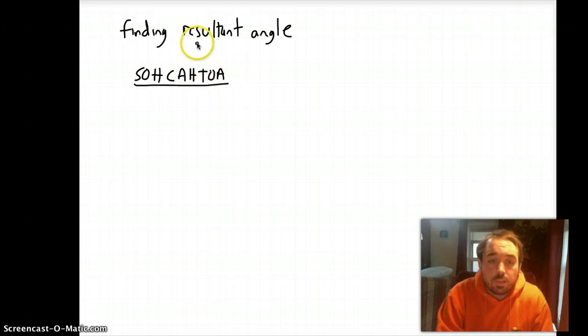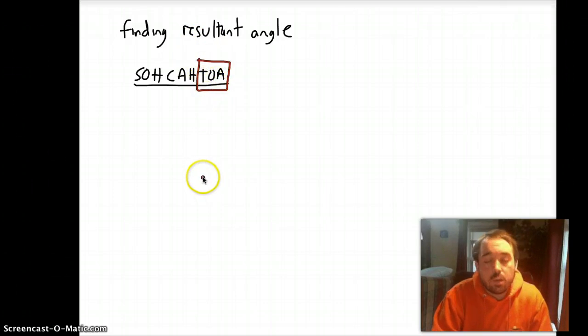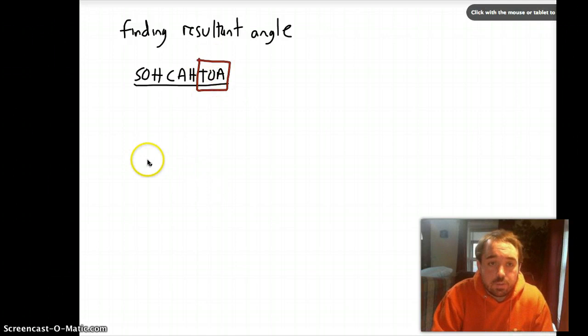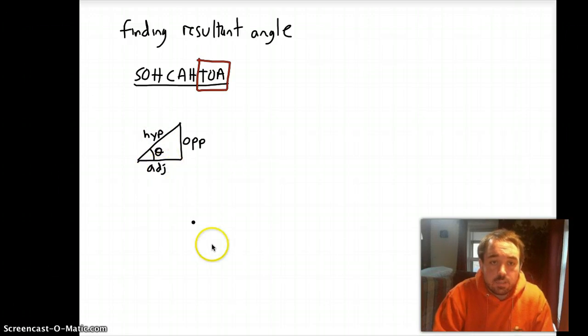When we're finding the resultant angle, the piece we care about is the TOA part. Just to remind you, on a standard right triangle, where this is our angle, this side, the one that's farthest away, is our opposite side. This one's our hypotenuse, and this one is our adjacent.